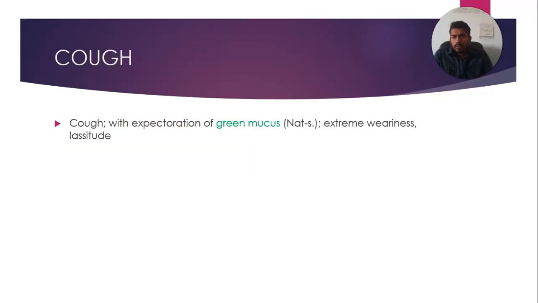Cough: again this was a question, I guess, in one of the PG entrance exams. Cough with expectoration of green mucus, natrum sulph is mentioned in the brackets, with extreme weariness and lassitude. We don't actually see many prescriptions of benzoic acid in cases of cough.